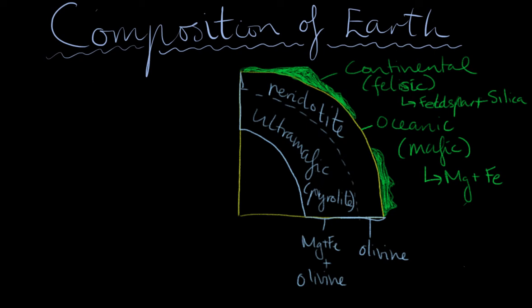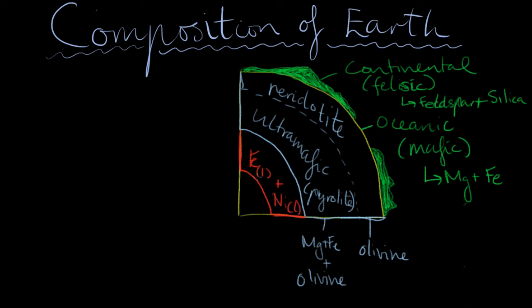Now, as we move closer and closer to the center of the Earth, we get denser and denser materials. So our core, as you realized from our last video, is completely made out of metals. So in our outer core, we have our iron, which is liquid, and we have our nickel, which is liquid as well.